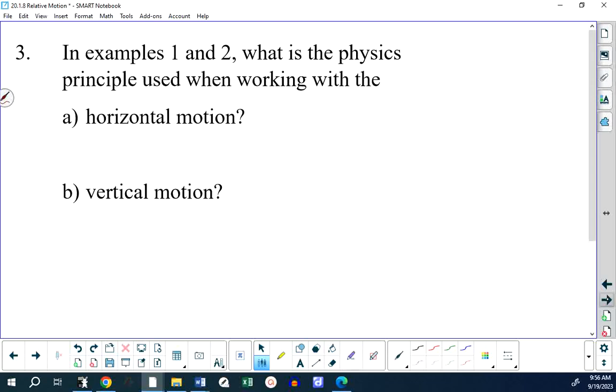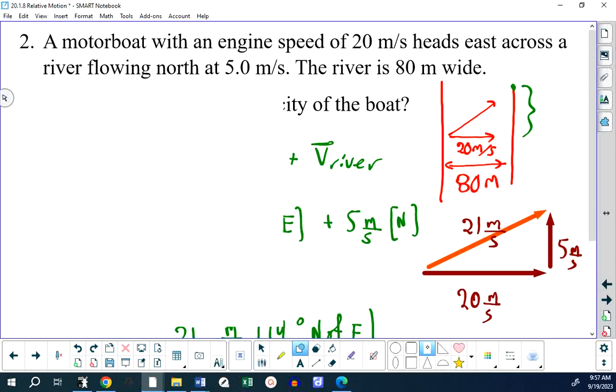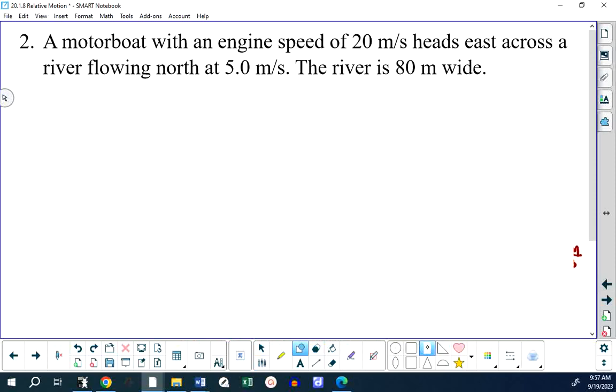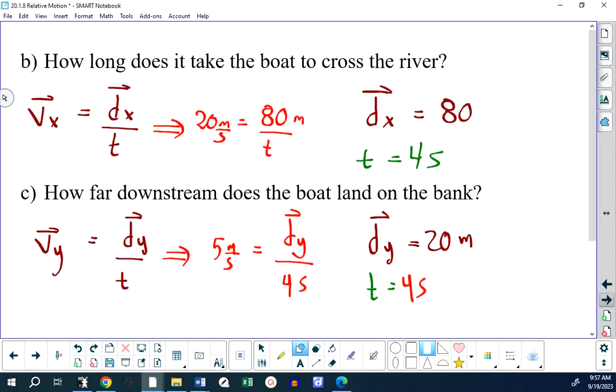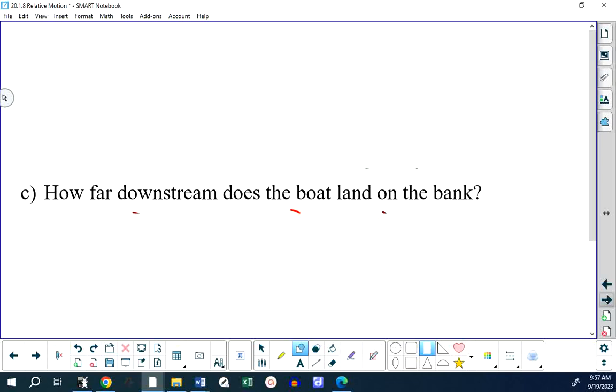If I go back and look at question 2, if I gave you this information, and I did not ask you any of this, and I did not ask you any of this, I merely asked you how far downstream is the boat going to land, you would need to do part B to find out the time it crosses the river, and then you would need to do part C.